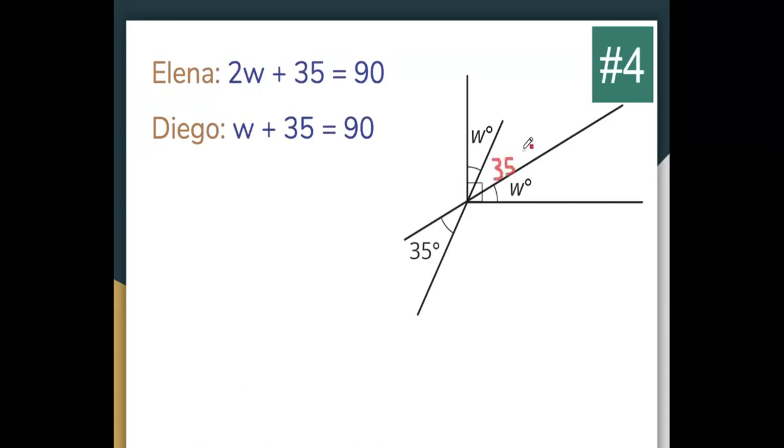And we know these are complementary. So W plus 35 plus another W would match up to Elena's equation, and that is what we find is the true answer.